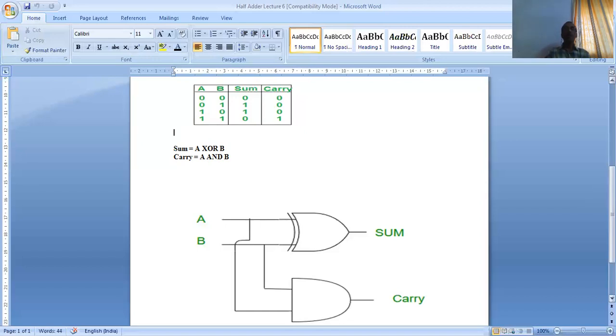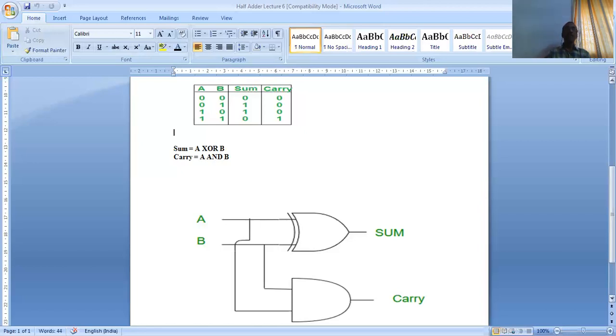In the case of half adder, XOR gate is used. The inputs A and B are given to XOR gate. The output of XOR gate acts as the sum of two binary numbers.